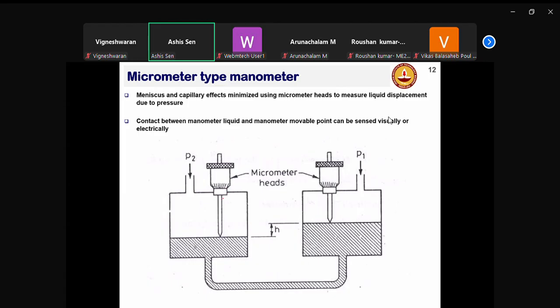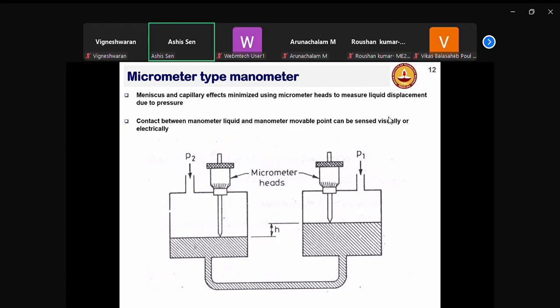And these micrometers will have a scale in there. So you can precisely read by how much you have to move this micrometer head down. Initially they will be at the same height, right? When there is a pressure difference, let's say P2 is greater than P1, this side the level will go down, this side the level will go up, which will create a height difference.